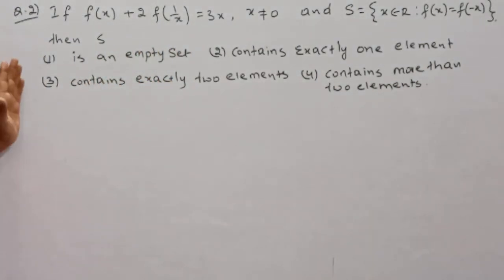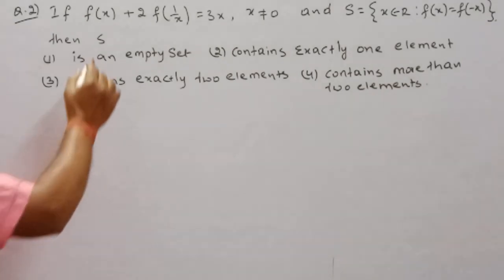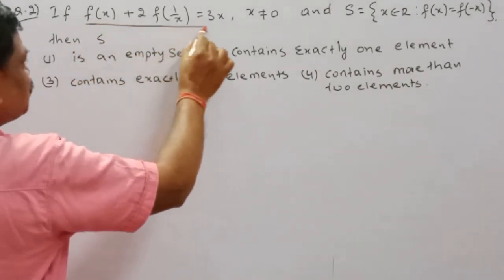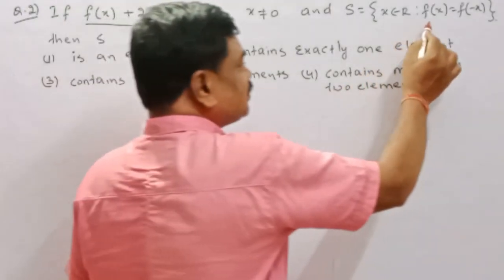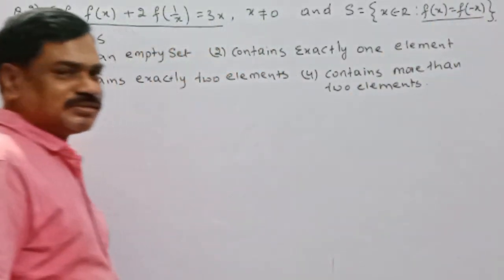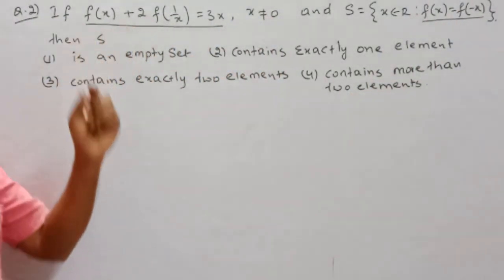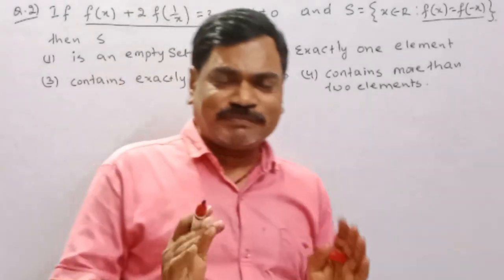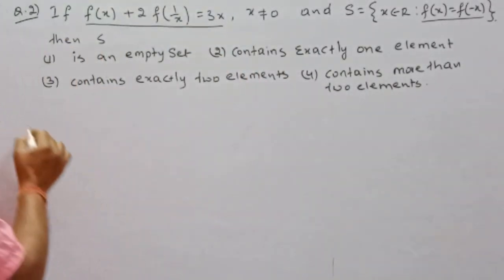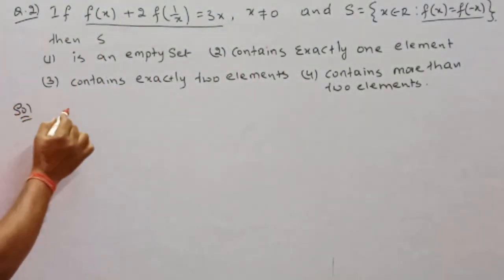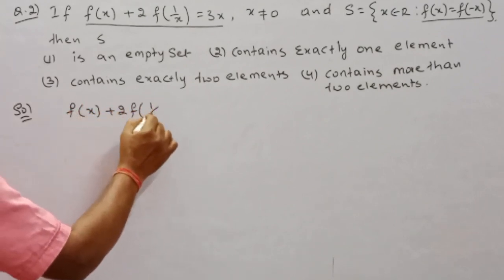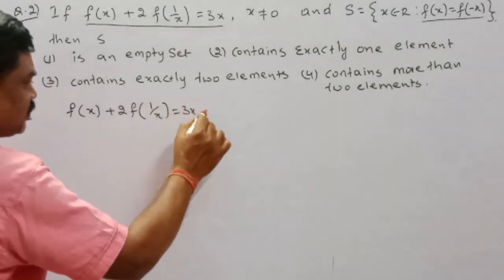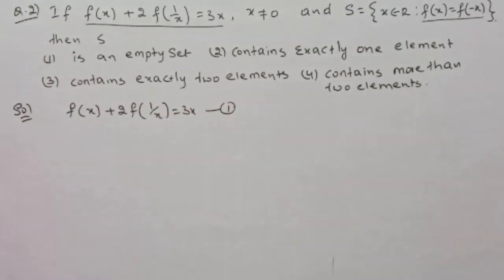So here we are given the equation f(x) + 2f(1/x) = 3x, and the condition f(x) = f(-x). Here we have to first find what the function f(x) is. So f(x) + 2f(1/x) = 3x is equation 1.